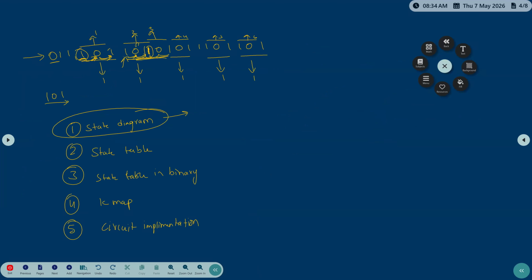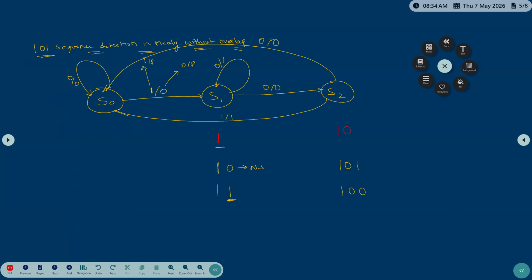Non-overlapping, overlapping case. If you observe here, the S0, S1 case is common for overlapping and non-overlapping.